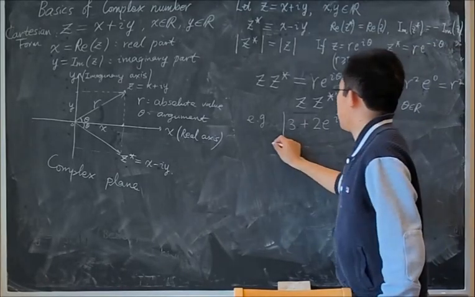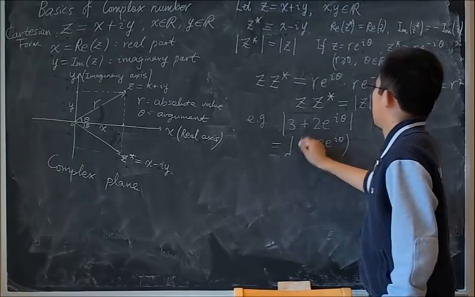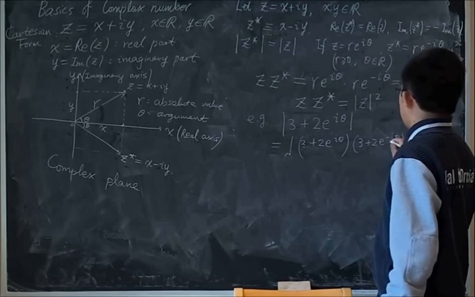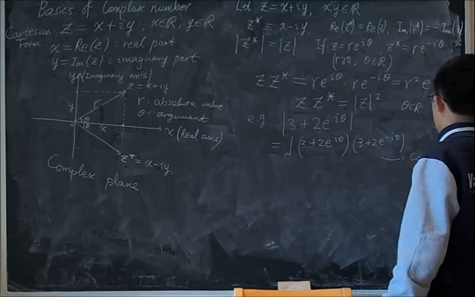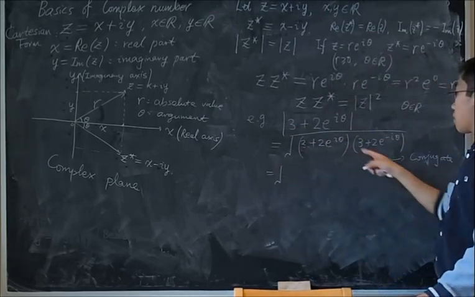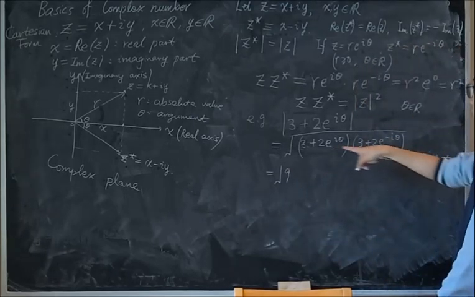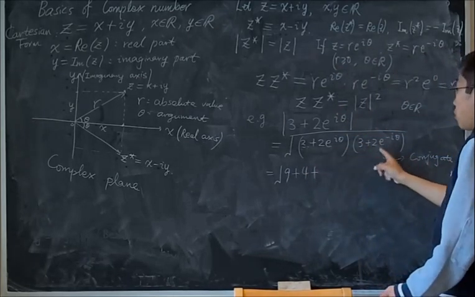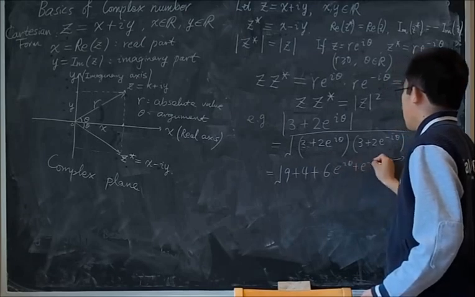I will just write this as the square root of the number itself times its complex conjugate, right? This is just the conjugate. And that is going to give me 3 times 3 is 9, 2 times 2 is 4, and then 2 times 3 is 6, 3 times 2 is 6, so it's 6 times e to the i theta plus e to the negative i theta.